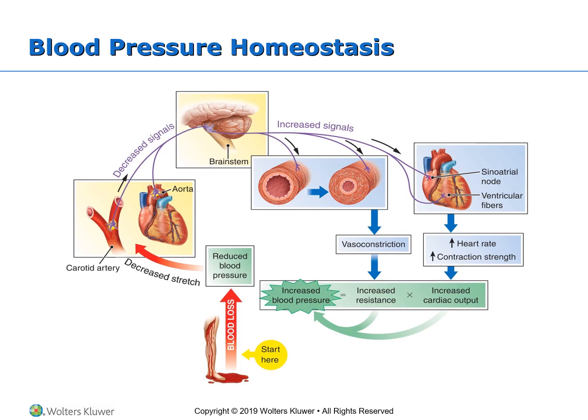In addition, other fibers will stimulate the ventricular muscle itself to contract stronger. When the heart is contracting stronger and faster, we have an increase in the heart rate and the contraction strength, and as a result of that, an increased cardiac output.